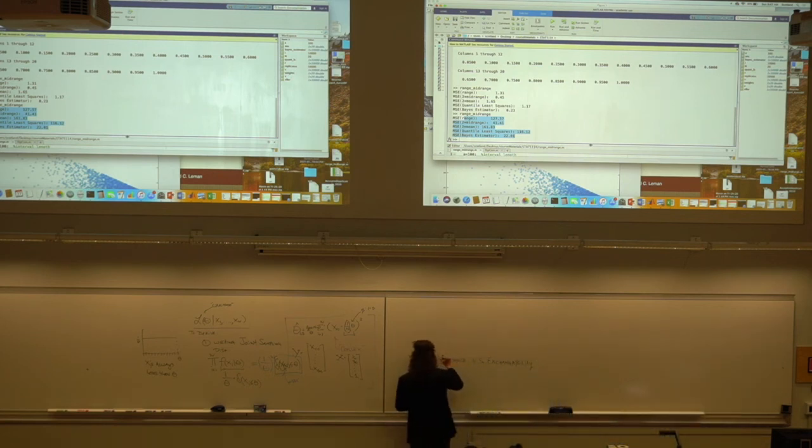Somebody help me out with this. What does that mean? You've been taking math and stat courses for a while now. Everybody kind of knows what it means. Somebody tell me in plain English, what is independence?